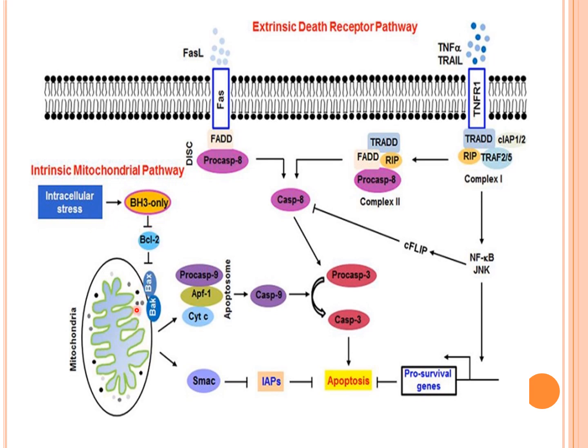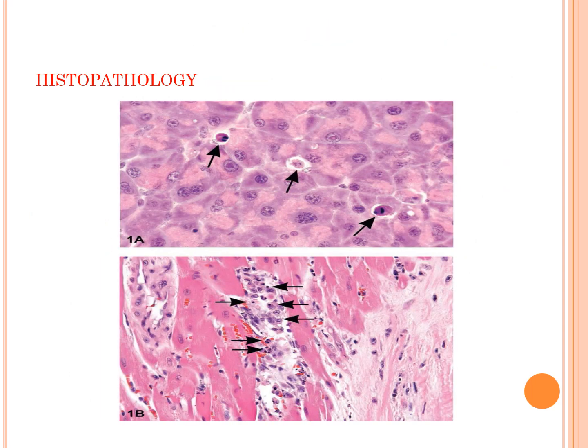The mitochondrial membrane will become more permeable, leading to release of cytochrome C, activating procaspase 9. And again, apoptosis will finally take place through both these mechanisms. And this is a histopathological picture showing the apoptotic bodies. You can see the arrows are shown.